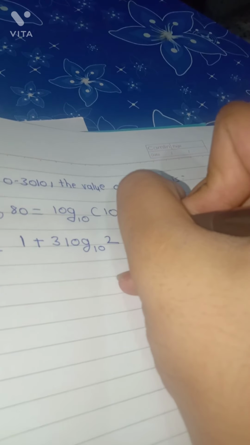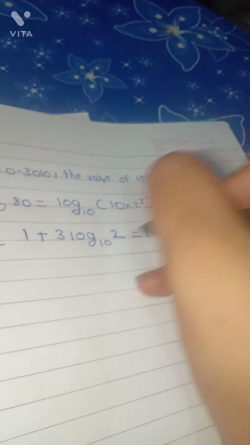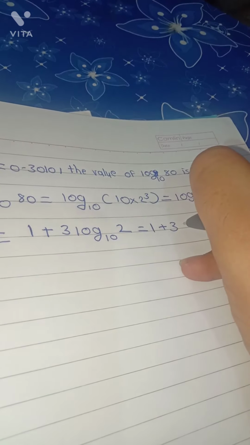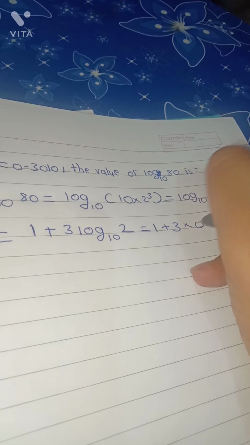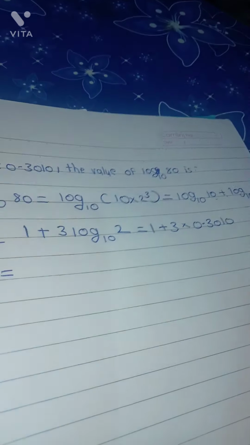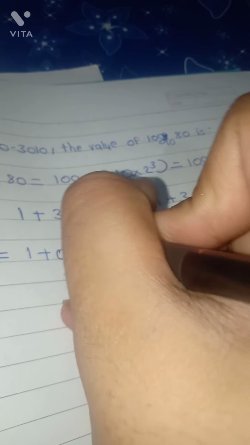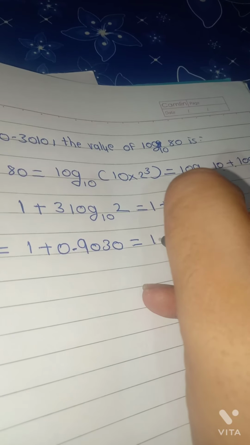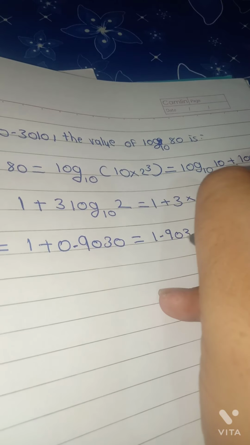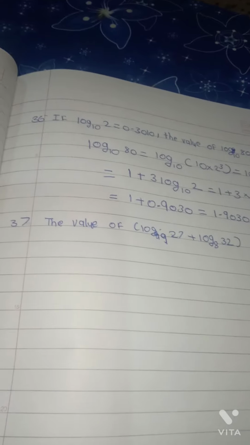So here it will be equal to 1 plus 3 into the log base 10 of 2 value, which is equal to 0.3010. So it will be equal to 1 plus 0.9030. So the answer will be equal to 1.9030.